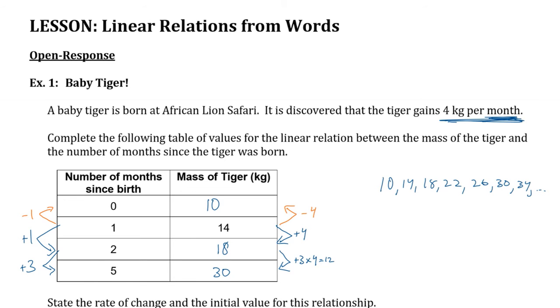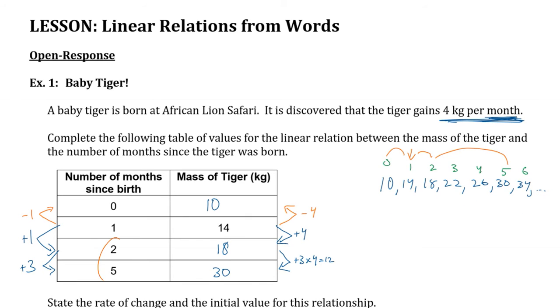This was my 0 month, 1 month, 2 months, 3 months, 4, 5, 6, and so on. Just look at what happened. It started us here. I went to there. Then I had to skip to there. And that's why I added 12, because 3 months had passed. And we also tracked back to find the 0. So this pattern of 10, 14, 18, 22, that still works, right?